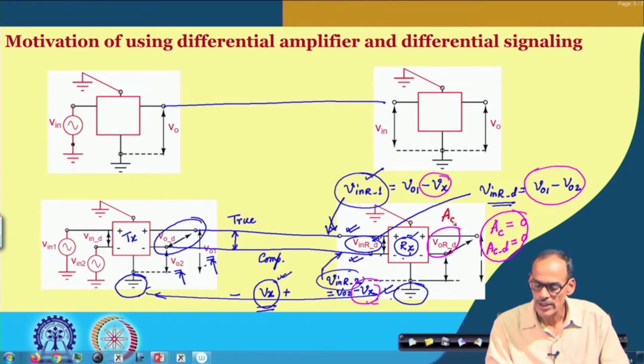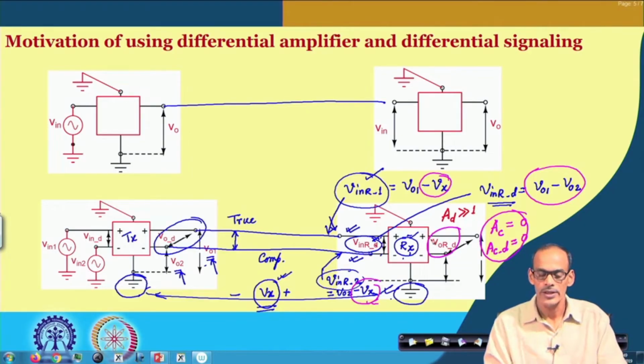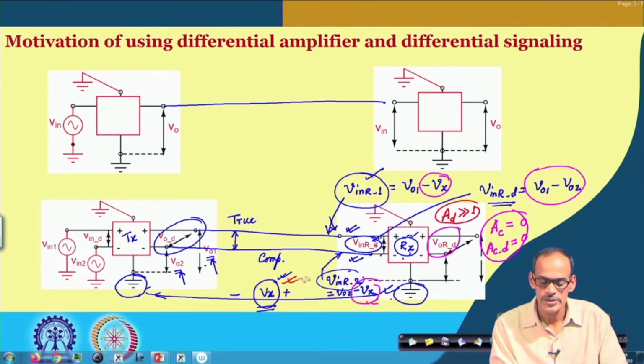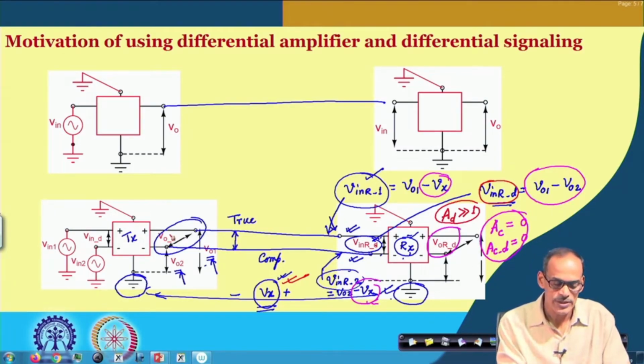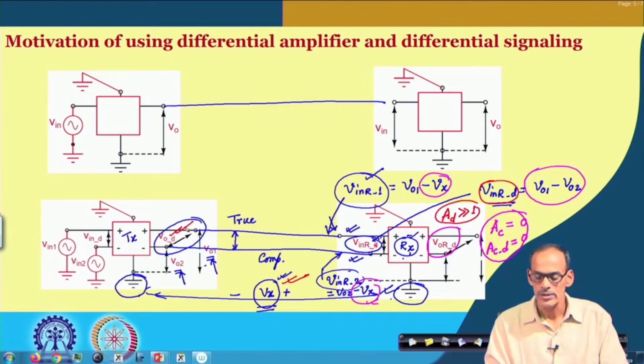So, if this Ad is much higher than 1, then the received signal is getting amplified, or even if it is comparable with 1, at least we can say that the unwanted signal is suppressed, and the differential signal, which is the transmitted signal coming from the other end, is properly received.